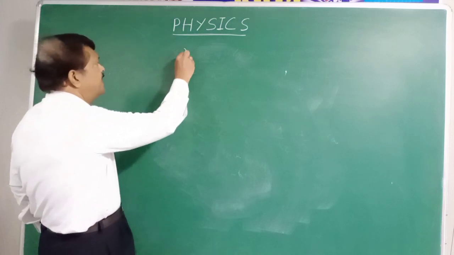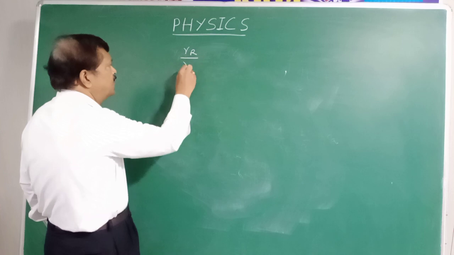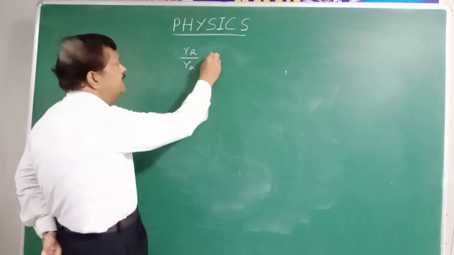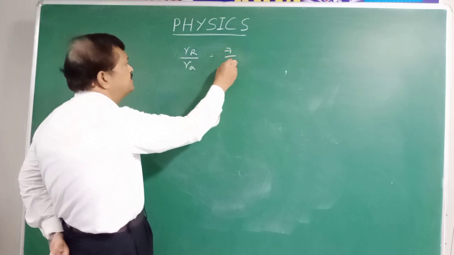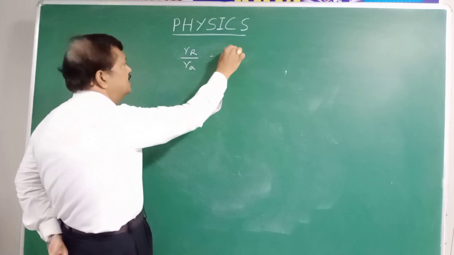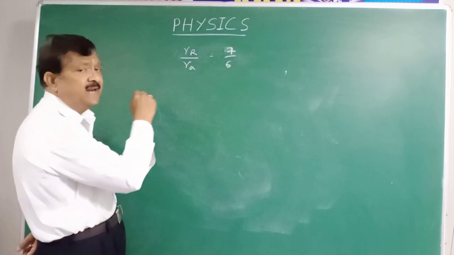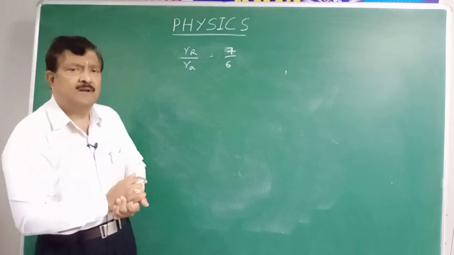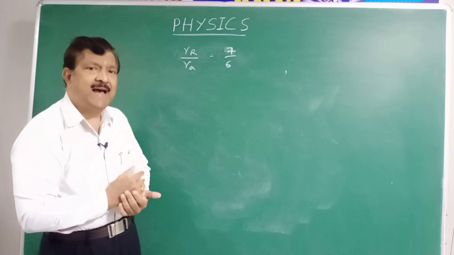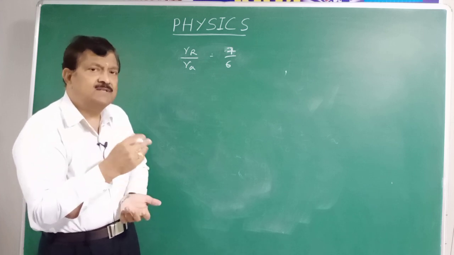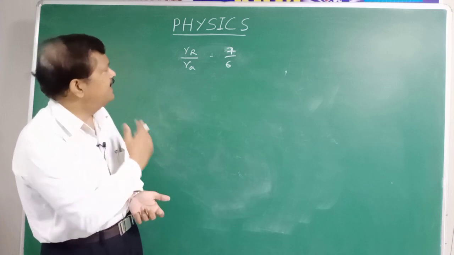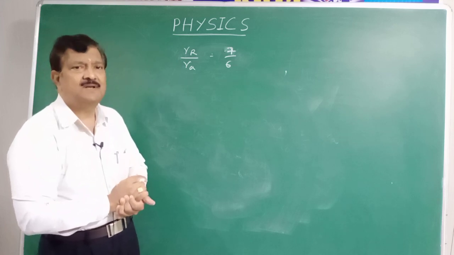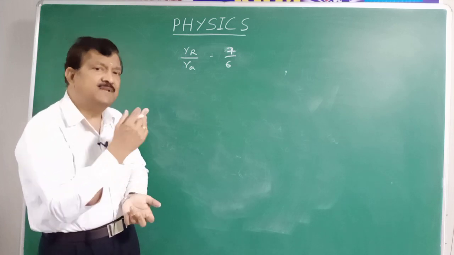They are found to be in the ratio 7:6. Now I want the value of, let us calculate the value of alpha of the container first.